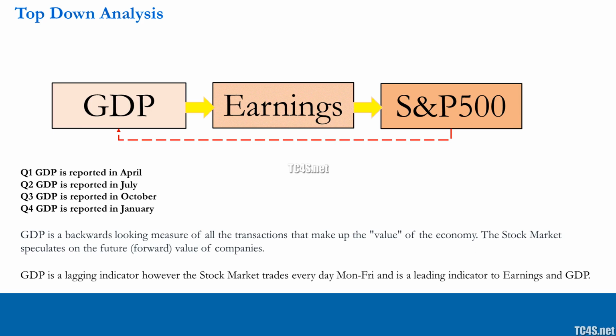So if the S&P 500 is predicting earnings and predicting gross domestic product, and the stock market is open every day, and earnings and GDP is reported in the future, then the S&P 500 is a proxy for forward earnings and forward GDP. We can use the S&P as an instrument to predict earnings and GDP, or in general, the stock market. We can use the stock market and stocks as proxy instruments to predict earnings and GDP.